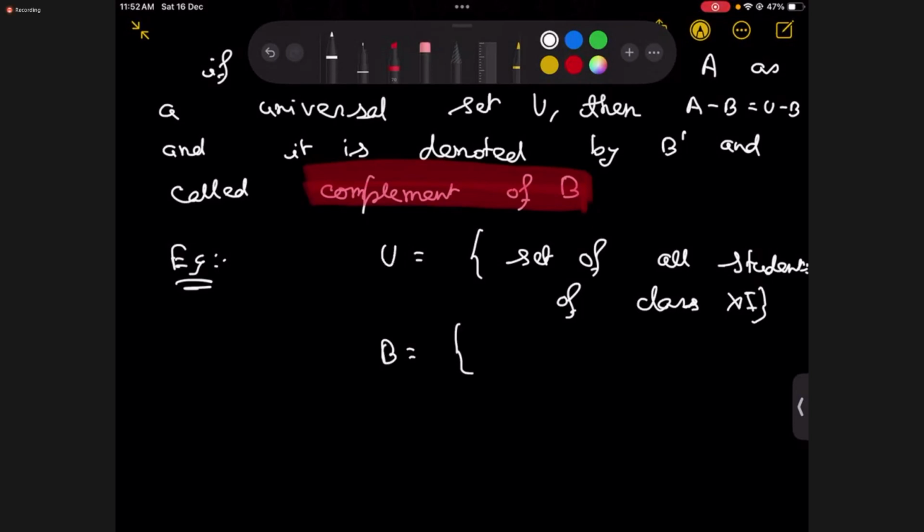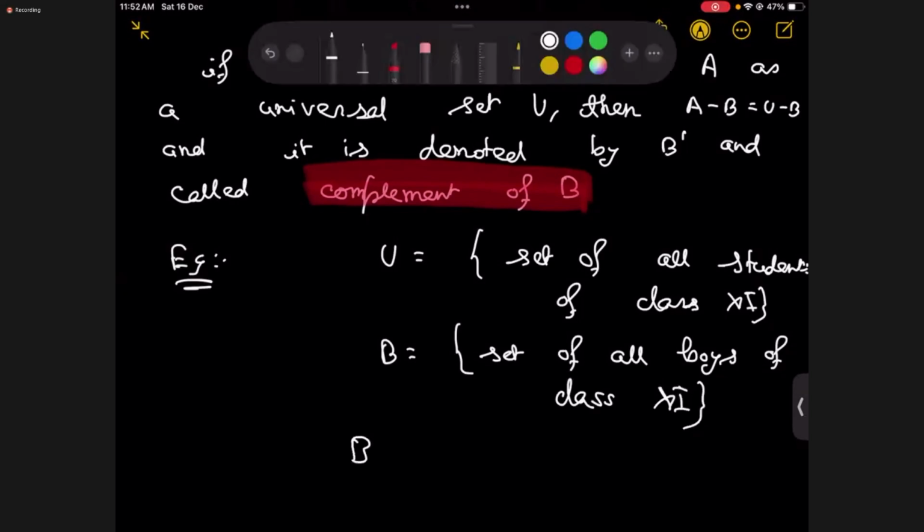B is the set of all boys of class 11. So what about B prime?